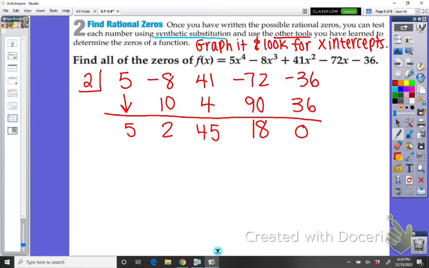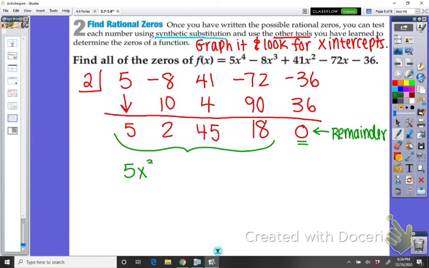And the remainder is 0. So that's a good thing because it's one of the roots. So the remainder should be 0. So let's write this. So we drop the exponent, so now it's going to be 5x to the third plus 2x squared plus 45x plus 18.